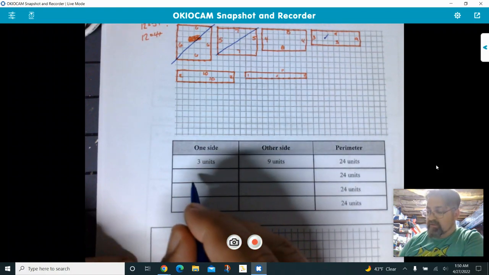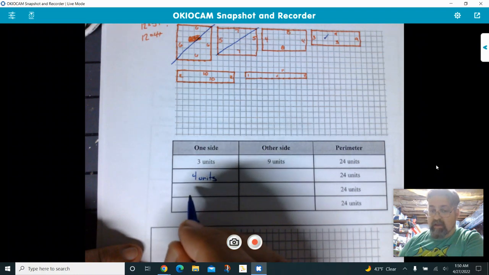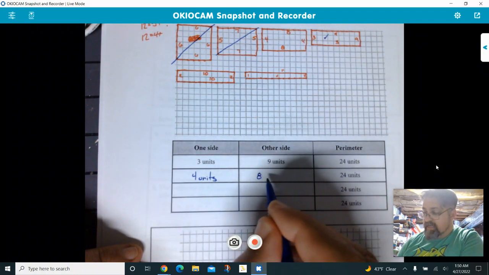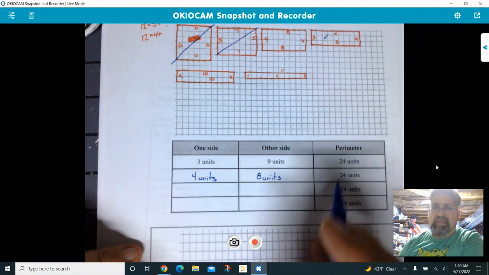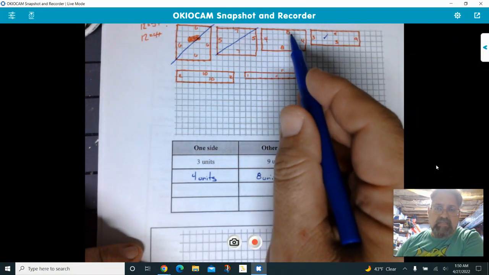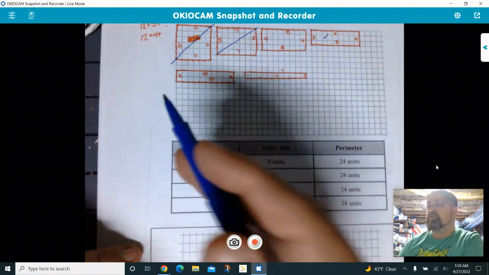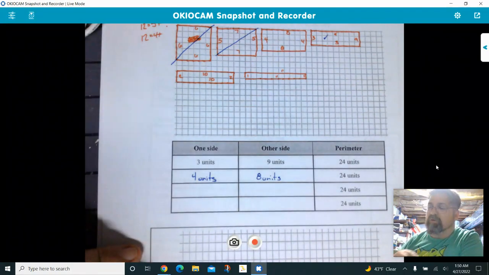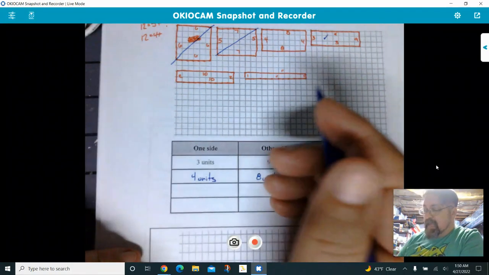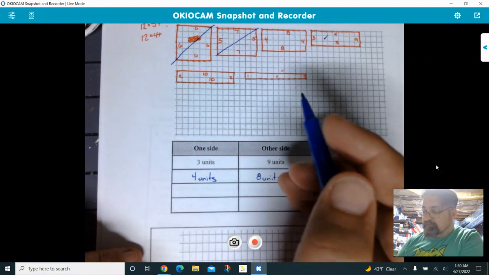So if one side was 4 units, the other side was 8 units, is the perimeter still 24 units? You better believe it is, because 4 plus 8 is 12, plus another 4 plus 8 being 12. 12 plus 12 is what? 24. Thank you. Gabe wanted to say it, but he wasn't going to be the first one to speak out loud. I know. It's okay.